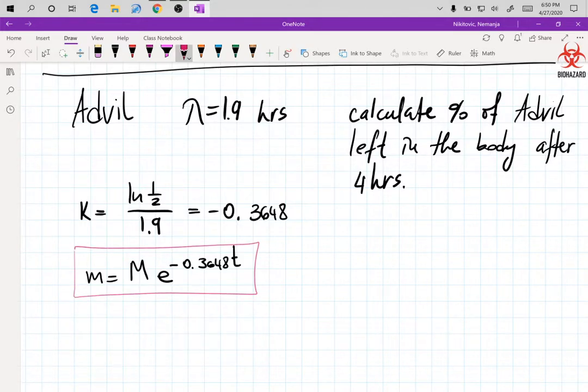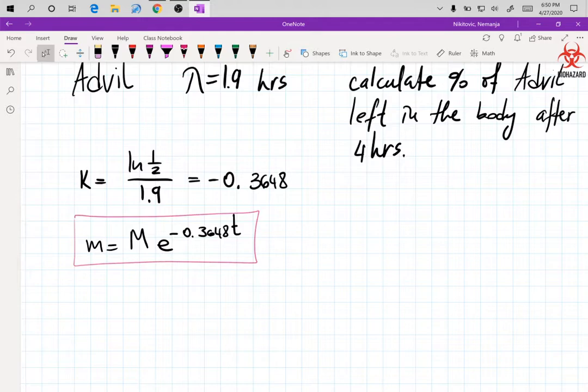You are interested in the percent left after 4 hours. Guys, that's the same calculation as the one above when I looked for the percent left on the teeth. So that's percent of initial value is initial value e to the 0.3648 t. T is now 4 hours.